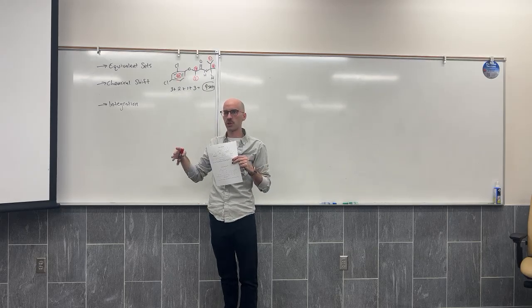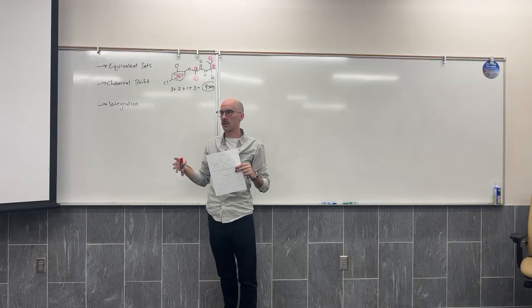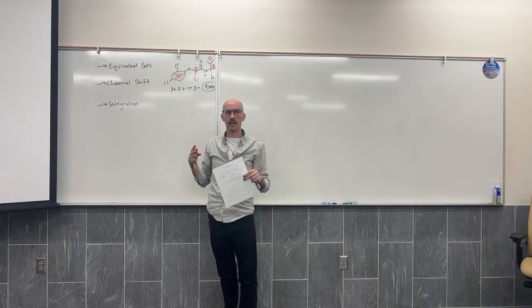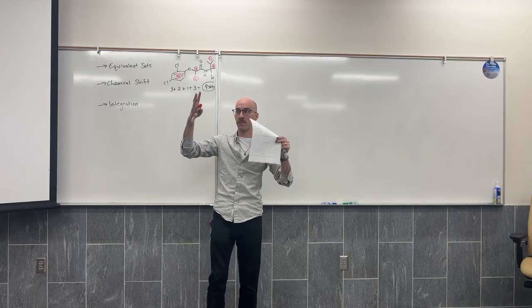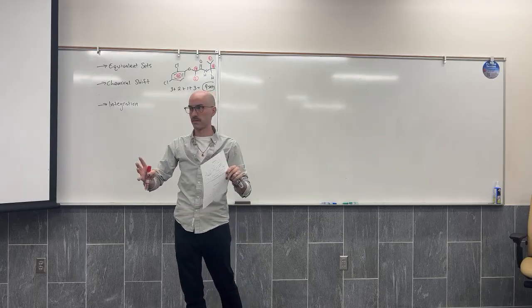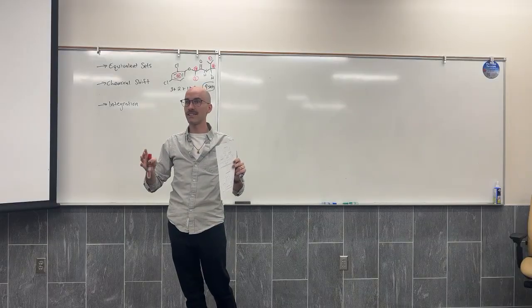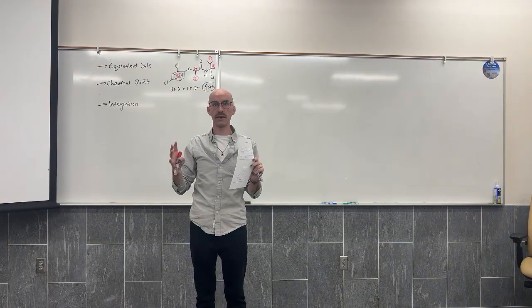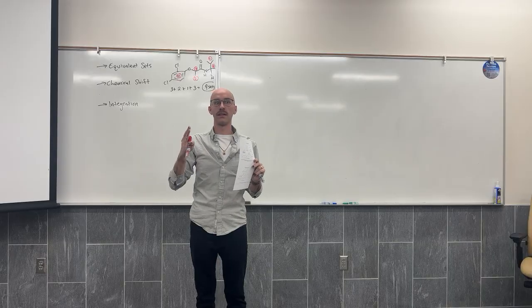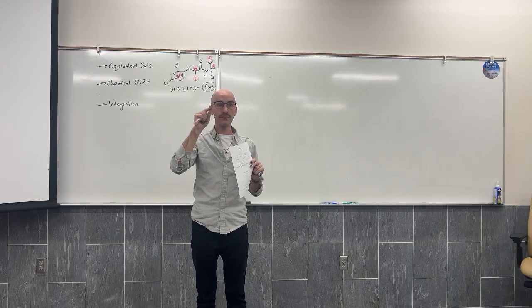Do you guys remember that term shield and de-shield? What? Shielding from what? Shielding from the magnetic field of the instrument. And what is shielding from the magnetic field of the instrument? That the groups appear to the right.